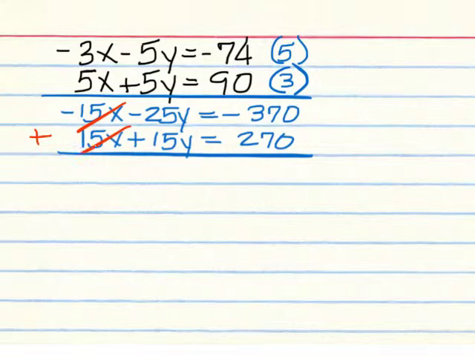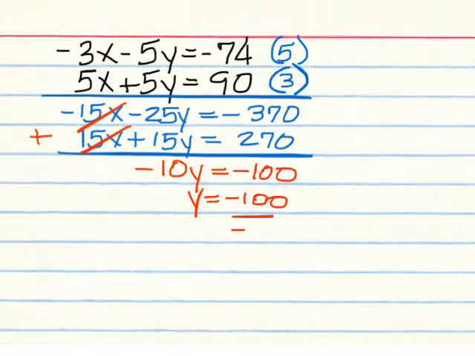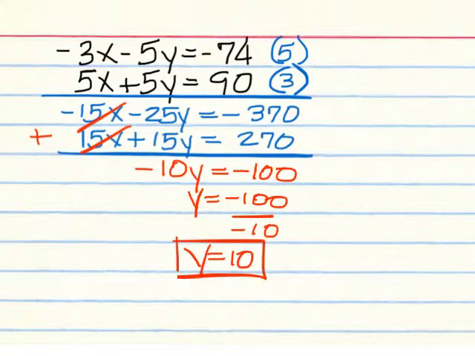By doing so, you cancel out the x's. -25 plus 15 is a -10. And then -370 plus 270 is a -100. Divide by -10, and you should get an answer of 10 for y.